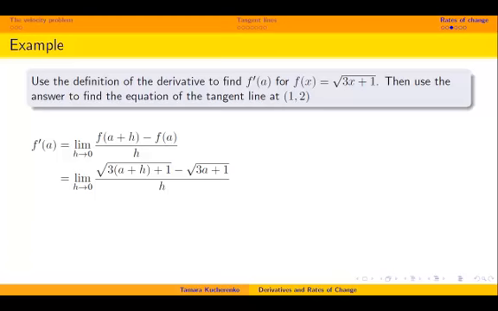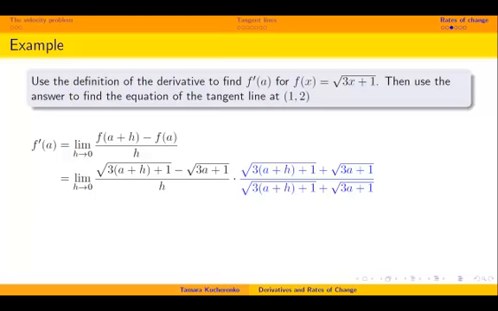Since the numerator involves radicals, we multiply and divide by the conjugate. The conjugate of the numerator is square root of 3 times a plus h plus 1 plus square root of 3a plus 1. We leave the denominator as a product of h and the conjugate.